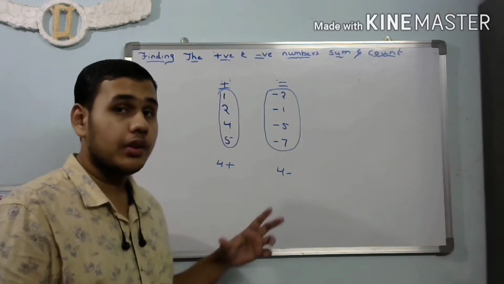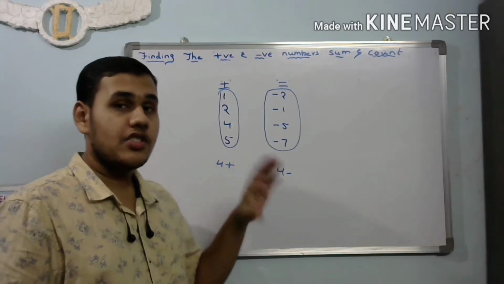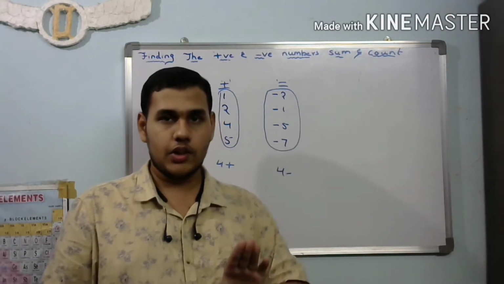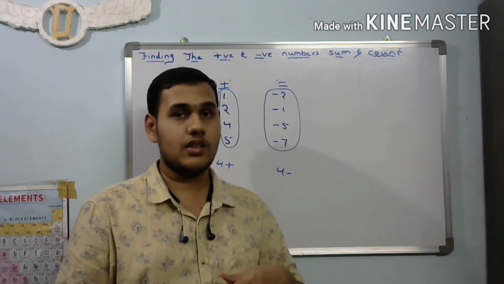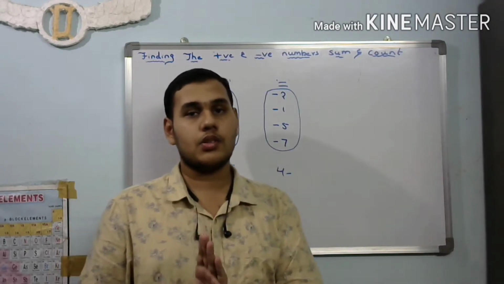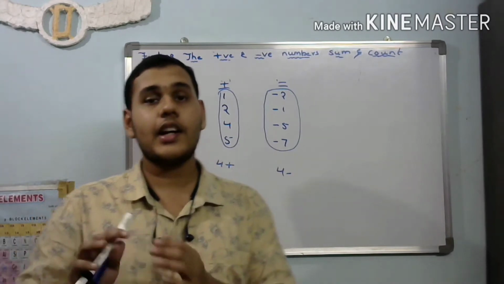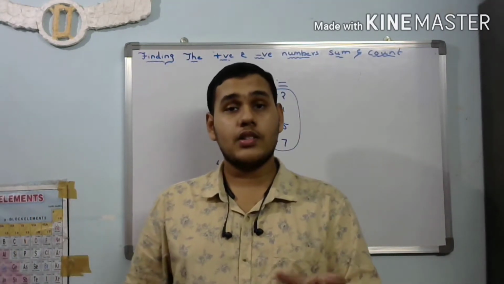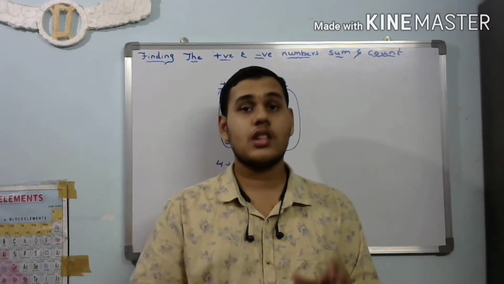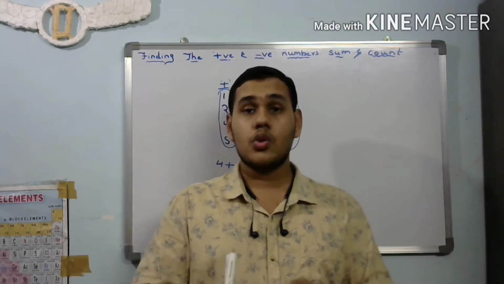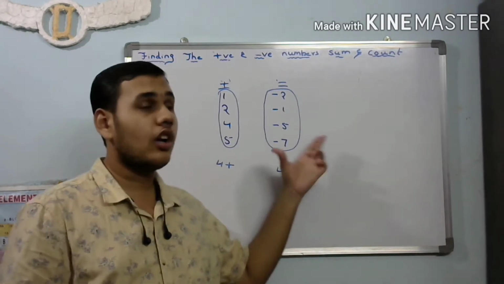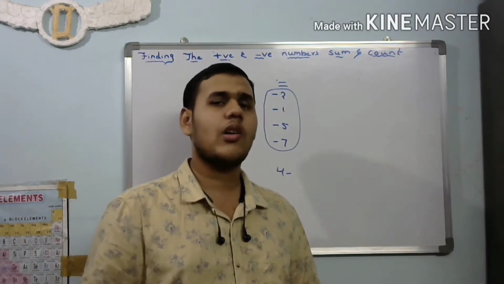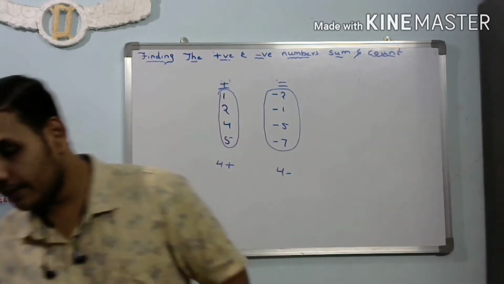Suppose I give the computer the instructions to separate the positive and negative numbers of my given list, and say how many negative and positive numbers there are, and also the sum of the positive numbers and the sum of the negative numbers. So we should do all this task in the computer by using programming. Now let us see the logic behind it.